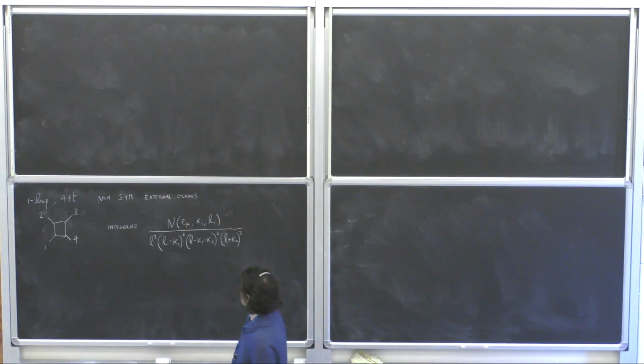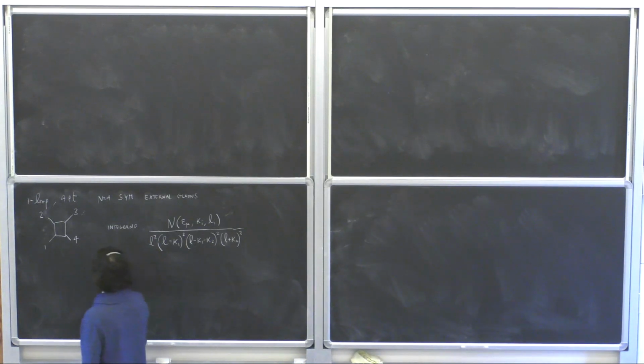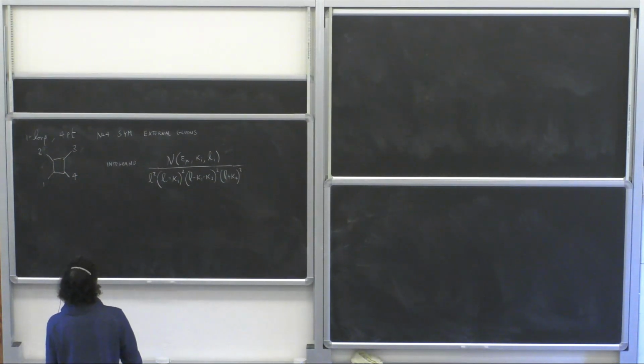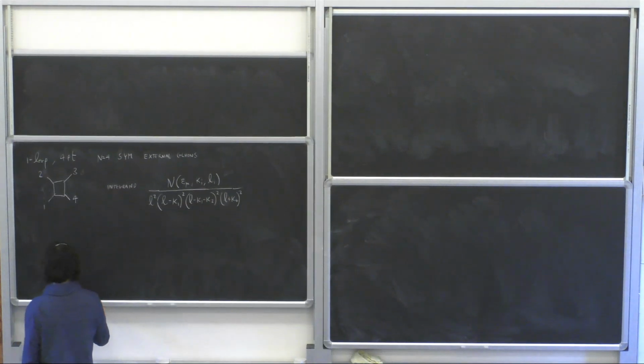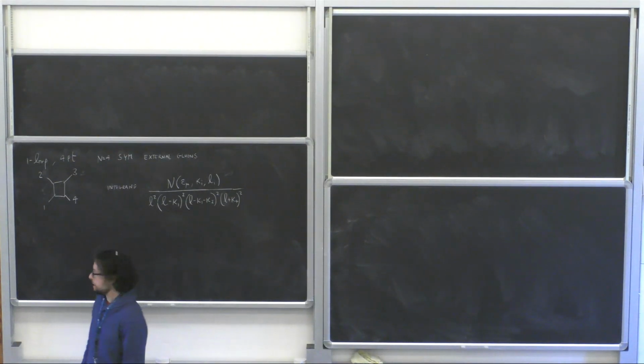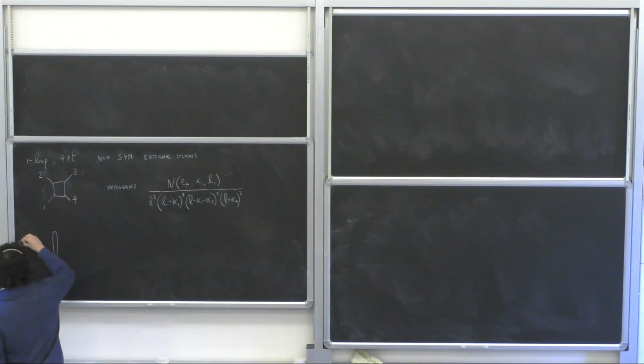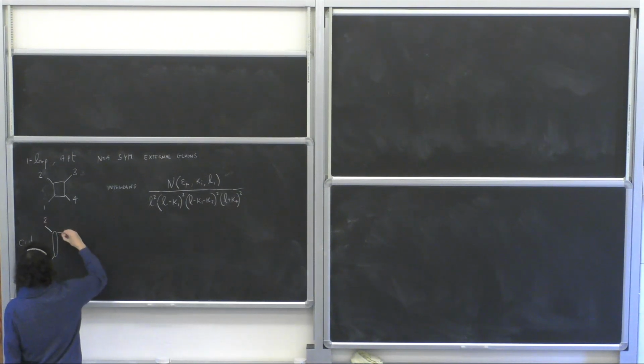Very good. So the reason I have picked this example is that, of course, this is particularly simple and yet gives us an idea of what these techniques can be used for. So namely, we're going to evaluate the S cut here. And we're going to consider situations in which legs 1 and 2 are on one side of the unitarity cut.